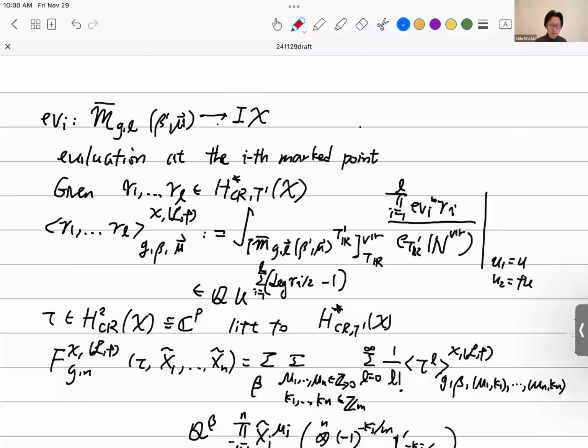First of all, these Lagrangians are not preserved by the Calabi-Yau torus, but they are preserved by the compact Calabi-Yau torus. This compact torus acts on the moduli spaces of holomorphic maps bounded by the Lagrangian, and we define the invariants by localization.